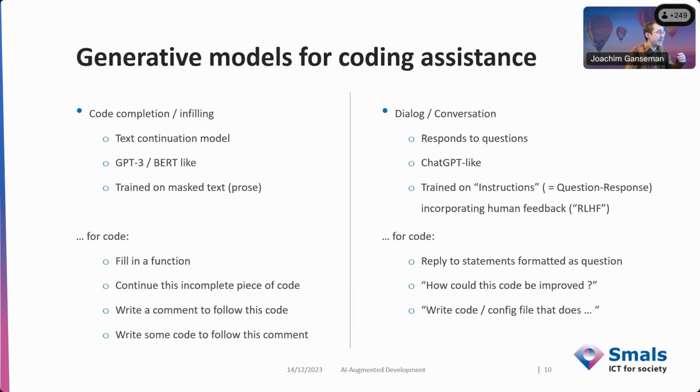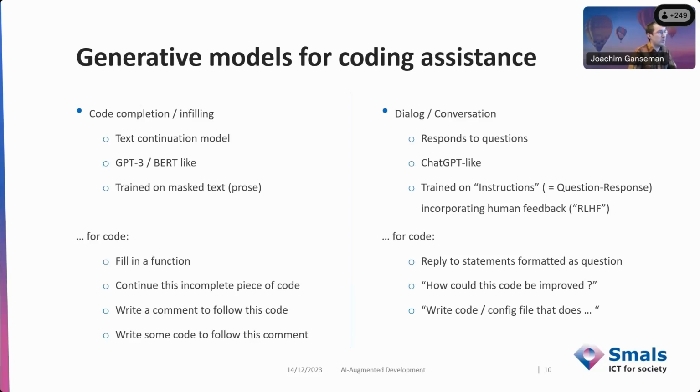And they incorporate some human feedback. The technical term is reinforcement learning through human feedback. We're not going to dive deeper into it, but those data sets are harder to collect, but they give you the ability to actually talk to your system. And that's usually a different class of model.